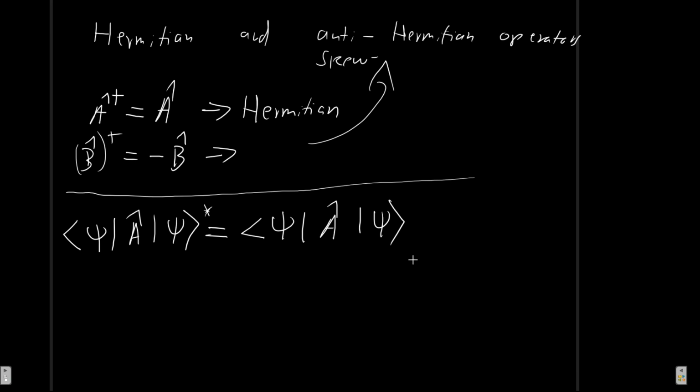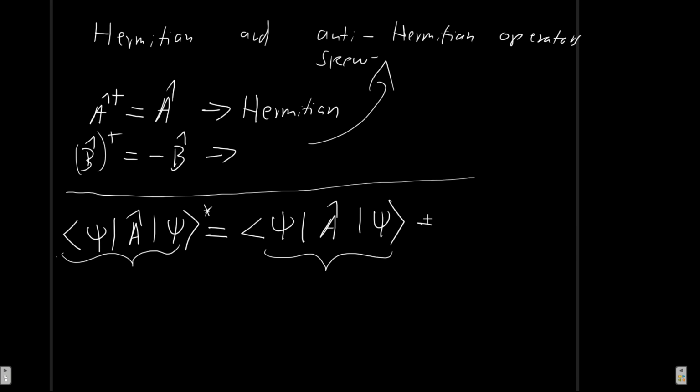All right, so what does that mean? If that is the case, then we have that, and remember, this is a number. The expectation value is some complex number in general. And we have that the conjugate of a number is the same number. The only way that that happens is if the imaginary part is 0.